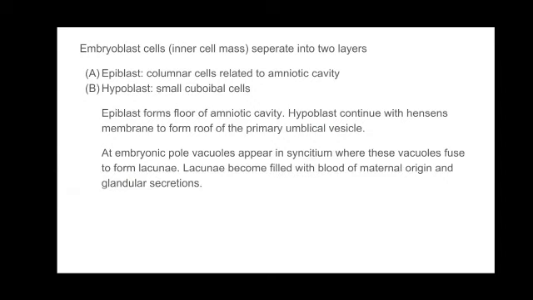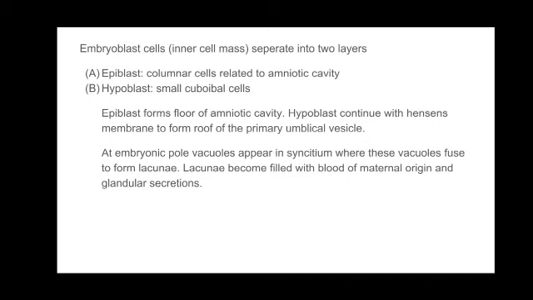Embryoblast cells, the inner cell mass, separate into two layers. Number one is the epiblast, which are long columnar cells related to the amniotic cavity. Hypoblasts are below that, small cuboidal cells.